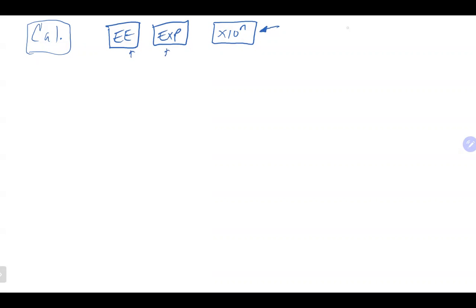So if you remember, scientific notation looks something like this. If we had a number like 6.25 times 10 to the minus 6, and I want to put that into my calculator correctly, you would go 6.25. You then hit your exponent button, either the EE button or the EXP button.